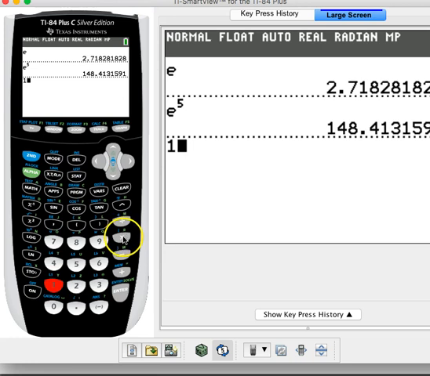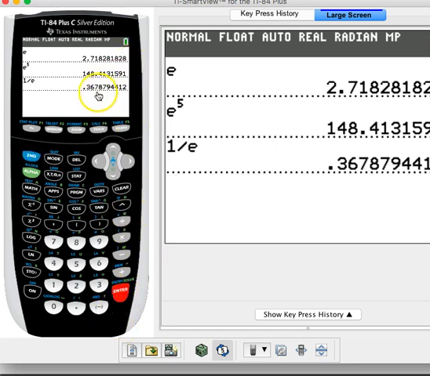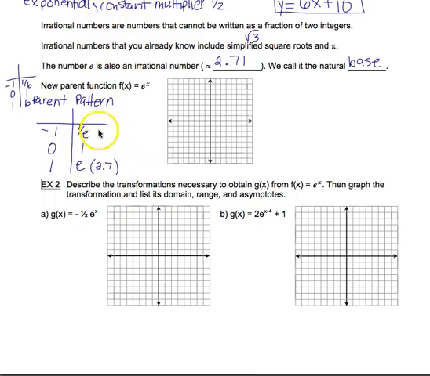So 1 divided by, oops, I pressed the times key, that won't work, divided by e, enter, and we get 0.36. So we're going to say about 0.4 if we're rounding to the tenths place. So that makes our parent pattern -1, 0.4, 0, 1, 1, 2.7.